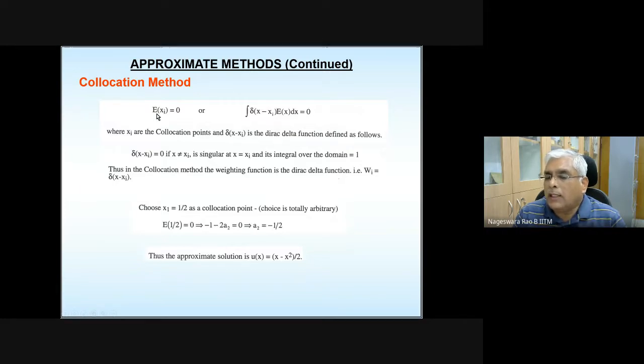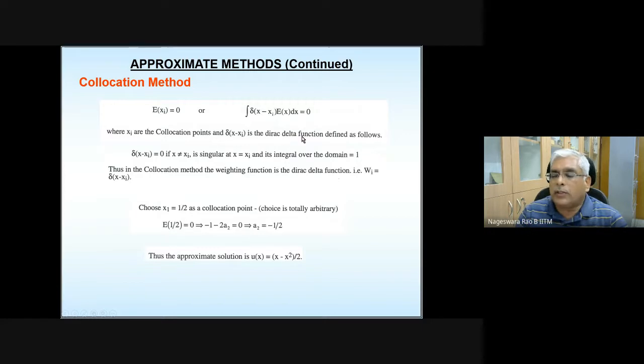So the error function evaluated at xi can be written as the integral of the Dirac delta function multiplied by the error function. That's why I'm doing this: this collocation method falls under the category of weighted residual methods.